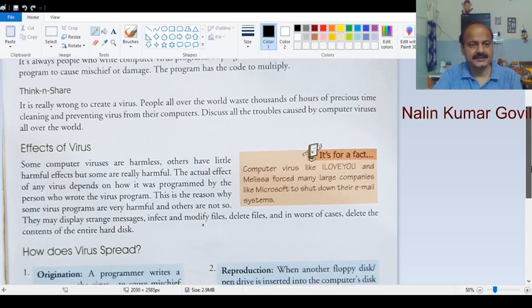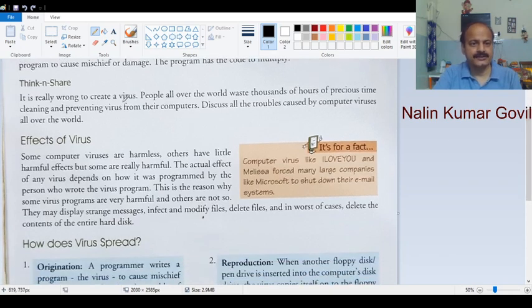Think and share: it is really wrong to create a virus. First thing, it is wrong to create a virus. People all over the world waste thousands of hours of precious time cleaning and preventing viruses on their computers. Discuss all the troubles caused by computer viruses all over the world.